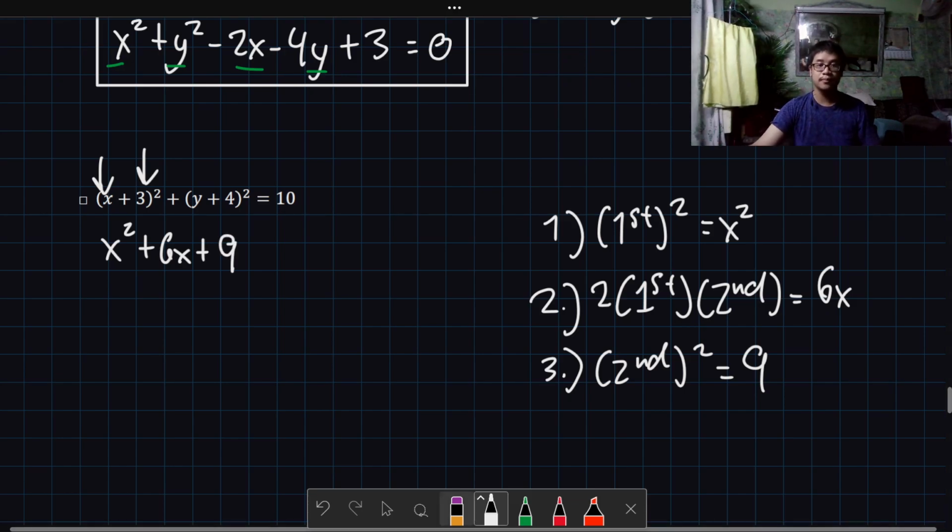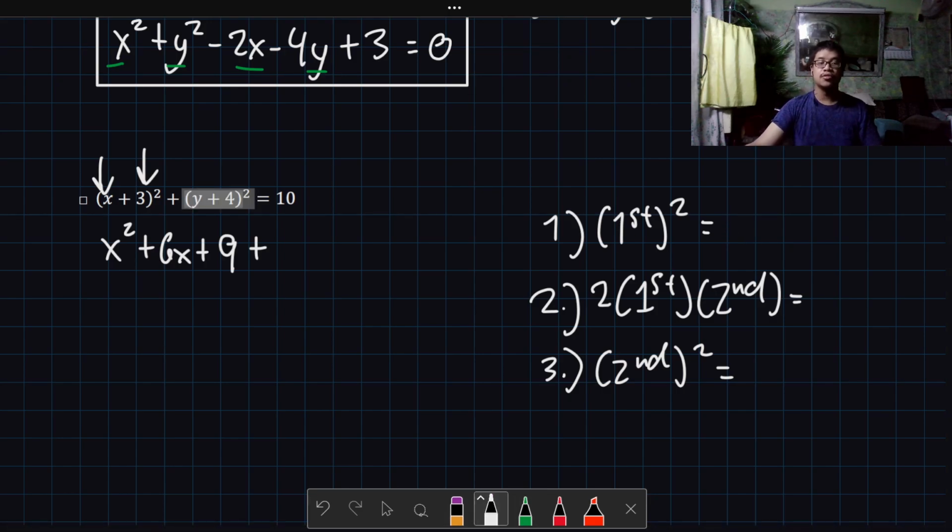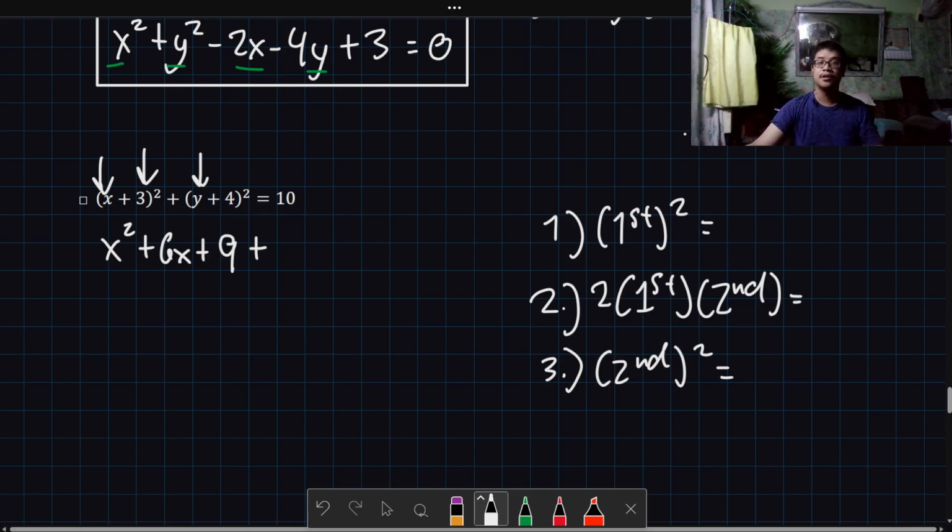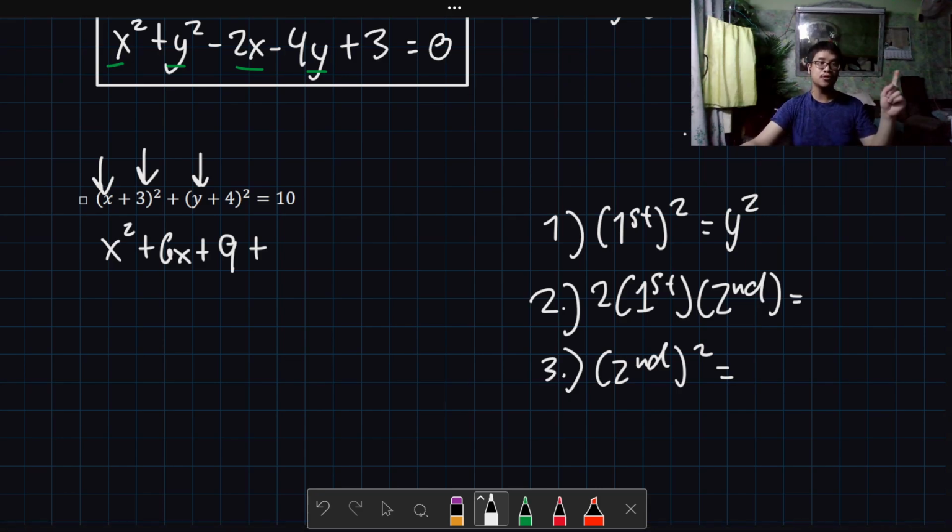That's it. Now, how about the square of y plus 4? The same thing. Again, you square the first term, which is on the left, so you will have y squared. Next, the second step, 2 times the first term times the second term. So that means 2 times y times 4.